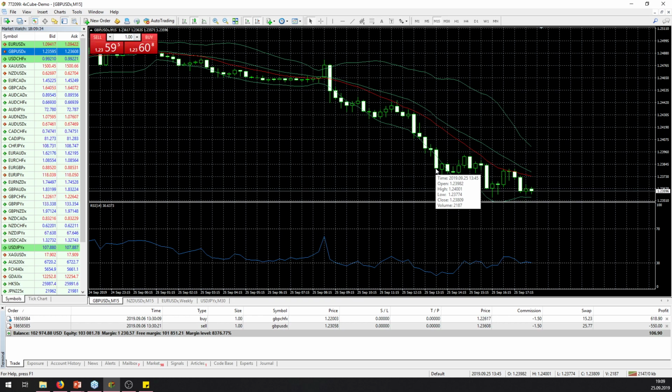The lowest it reached, which is represented by the lower wick, was 1.2377, and the high was represented by this upper wick, and it was 1.2400.